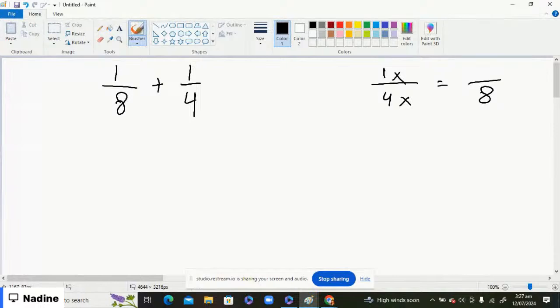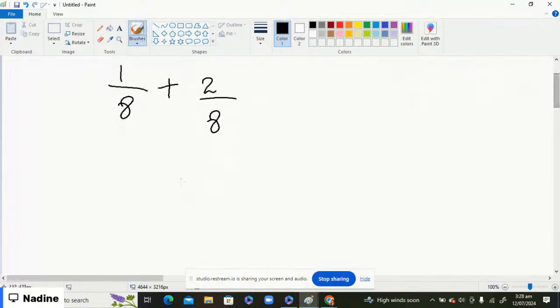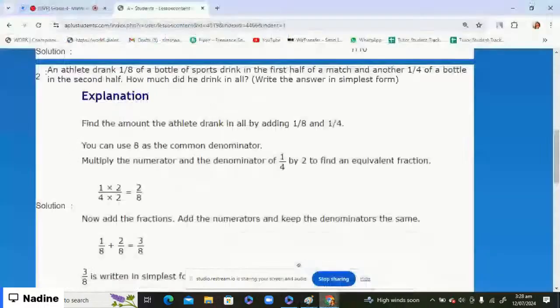So we will multiply the number 2, okay? Because 2 times 4 is 8 and 2 times 1 is 2. So 1 by 8 as it is, first number is as it is. So in place of 1 by 4, I just put 2 by 8, okay? So now putting 8 here, adding 1 plus 2, that is 3 by 8. So this is basically what he drank, 3 by 8.